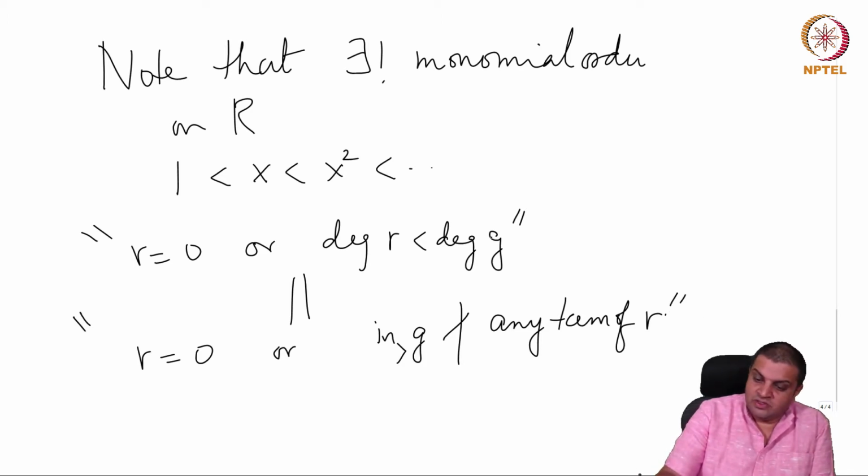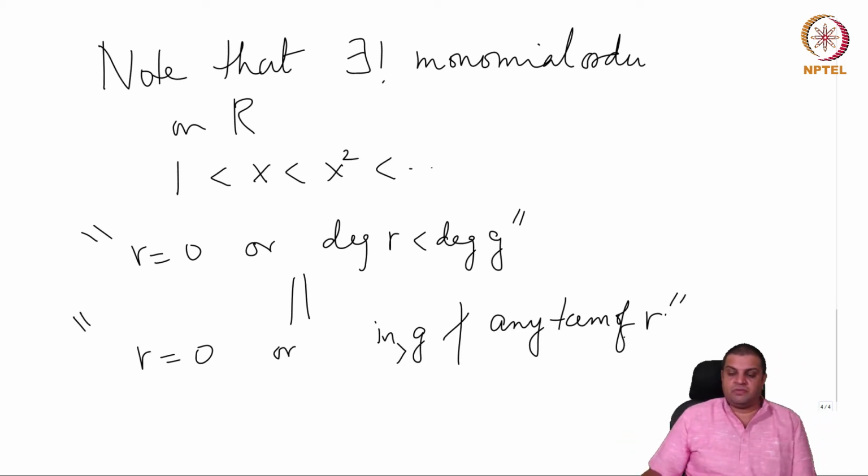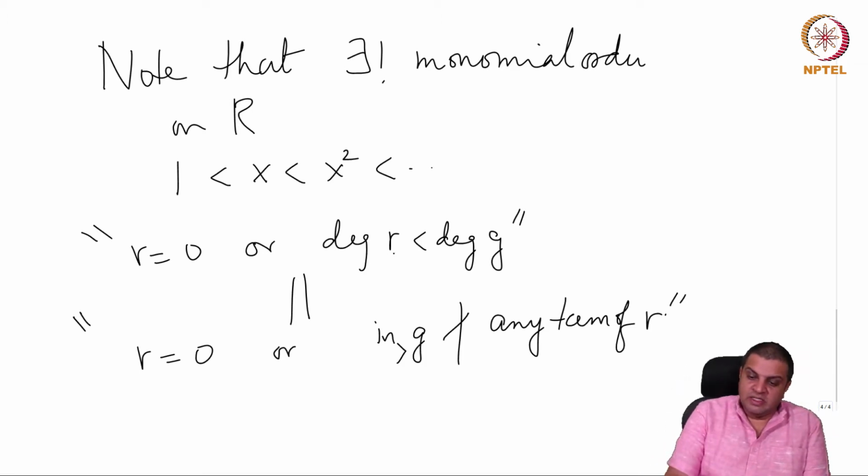But really, we are just reinterpreting that in terms of initial terms, leading terms. That's because the degree of r is less than that of g, the initial term is x to this degree, while all the terms here have smaller degree. So this is the statement for one variable.